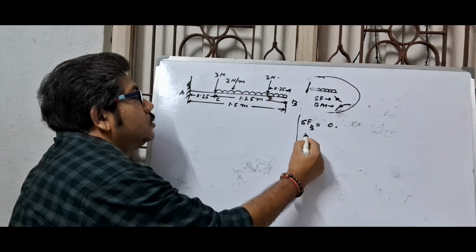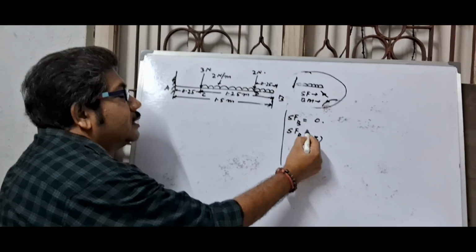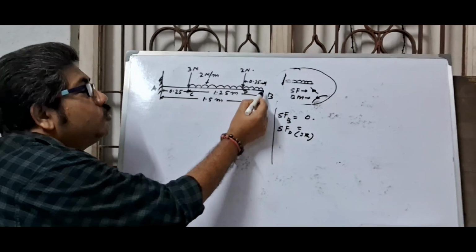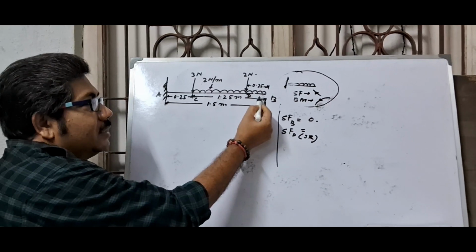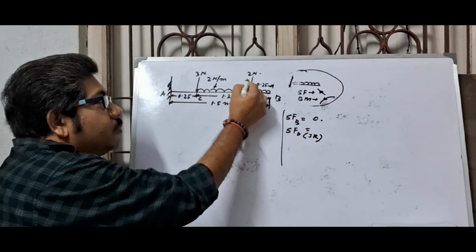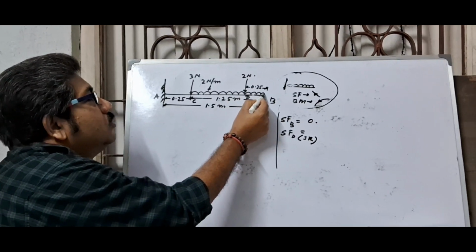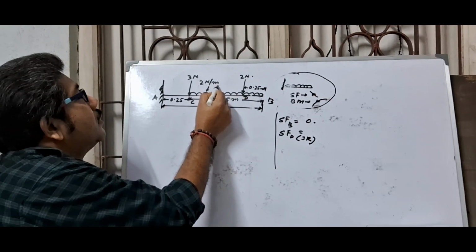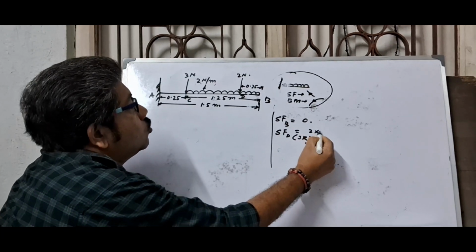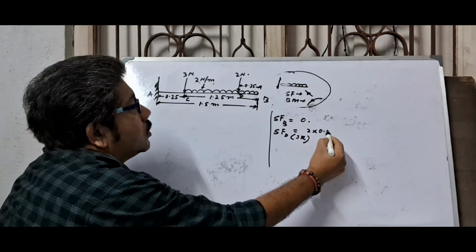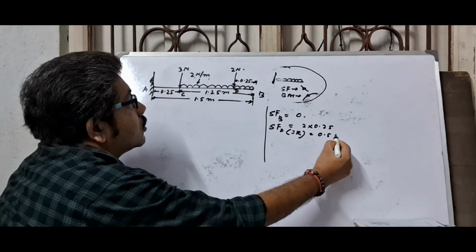So shear force at point D just right. Just right means you should take the value of UDL from B to D, and you should not take the value of the point load. This is 2 Newton per meter, and for 0.25 this is 2 into 0.25, which is 0.5 Newton.